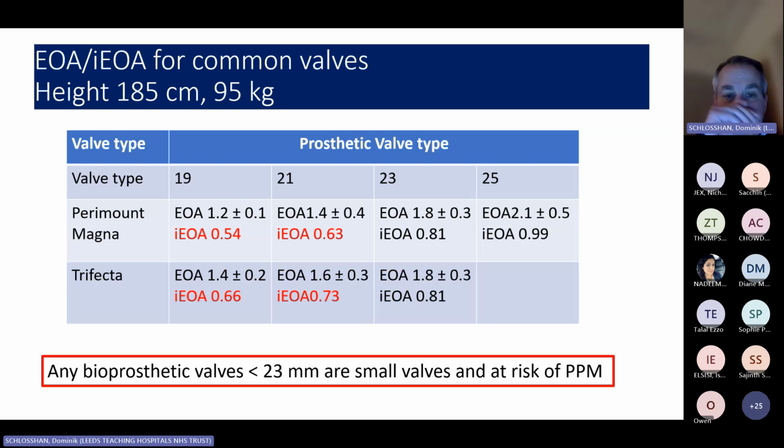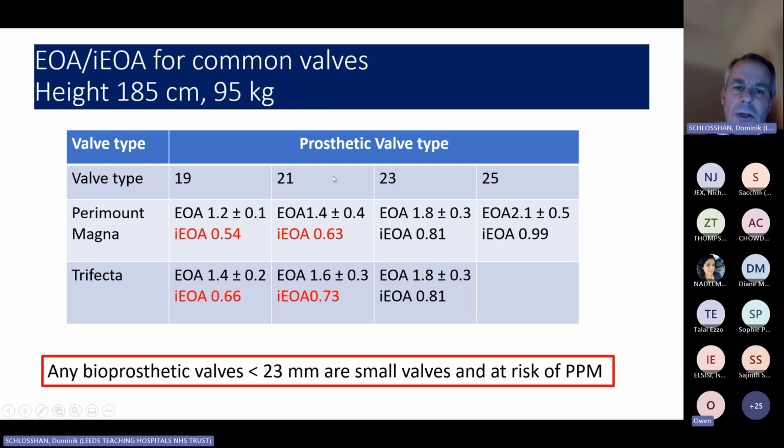Okay, so here are common valves that we use, just to give you an idea, for a pretty average, for West Yorkshire, probably even skinny male. I can't remember what the body surface area was, but certainly above 2.